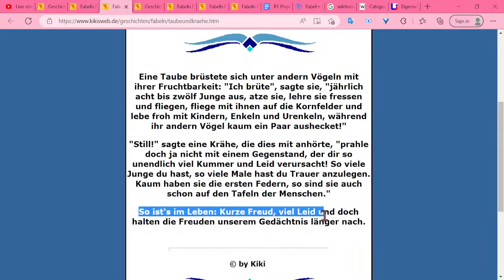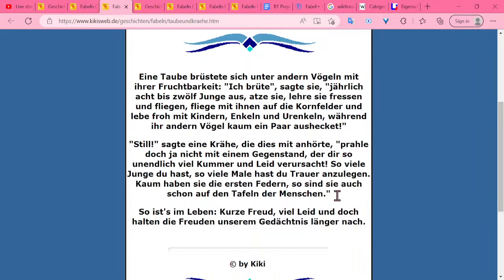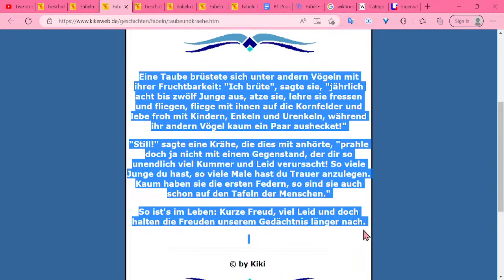So it is. Short happiness, a lot of suffering, and still you remember the happiness in your memory a lot more. This is so tiny, but it teaches you quite a lot.